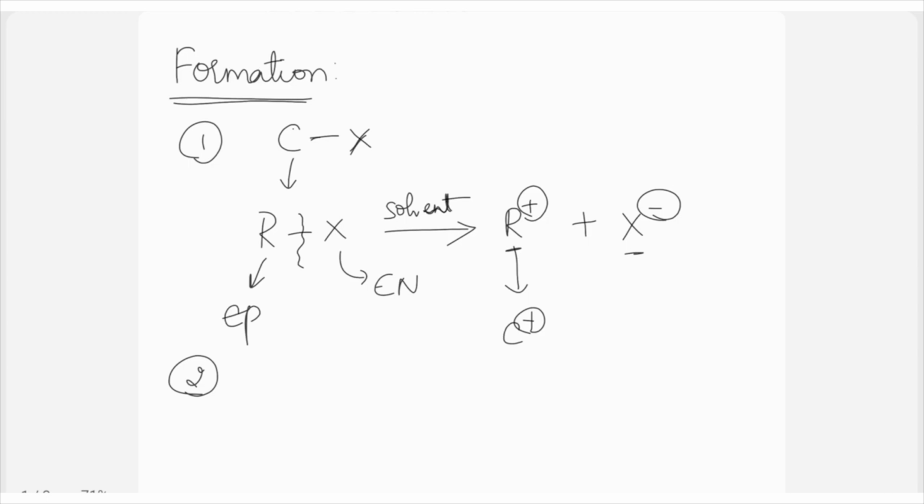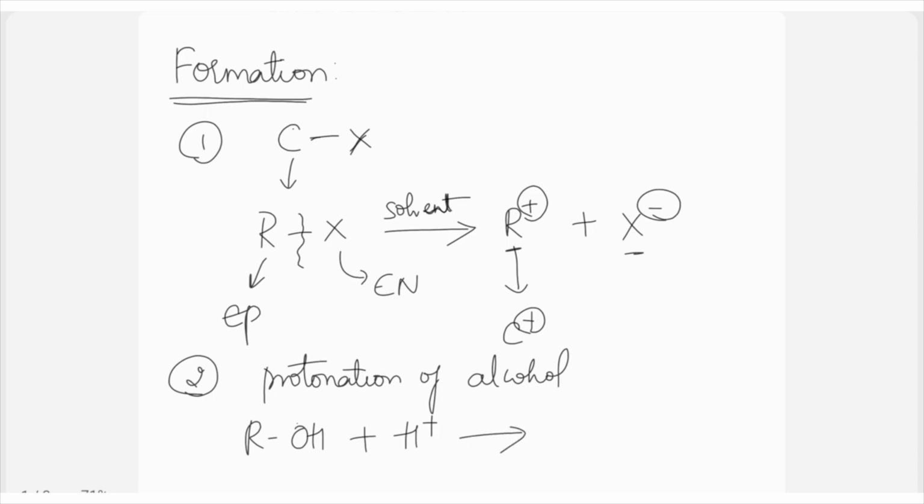And if we look at the protonation of alcohol, meaning addition of proton to alcohol, we take ROH as alcohol, then we add H plus. So what is H plus? An electron deficient species. Obviously OH has 2 lone pairs. What it will do? It will donate a lone pair to the H plus. So we are going to get ROH2 plus.